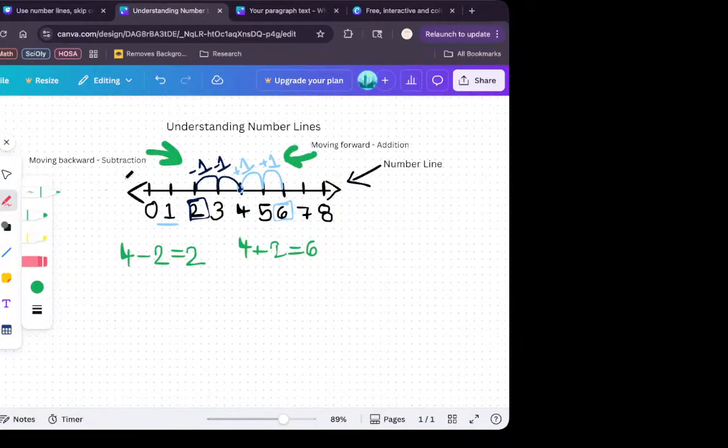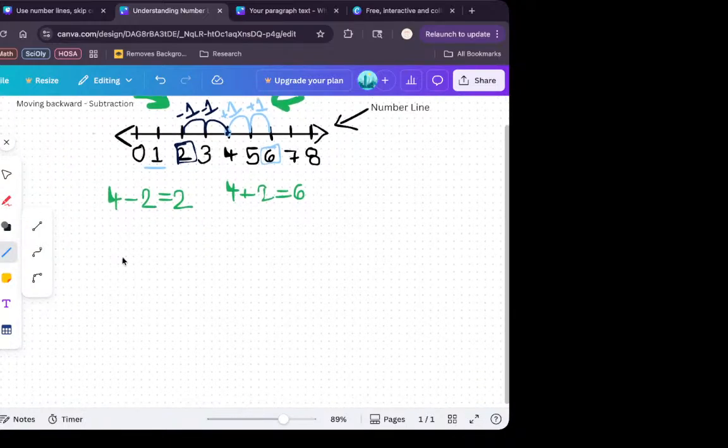Now, back to what we were doing, addition. So, let's say I want to know what, let's use a big number for this, okay? Here, I'm going to draw another number line.